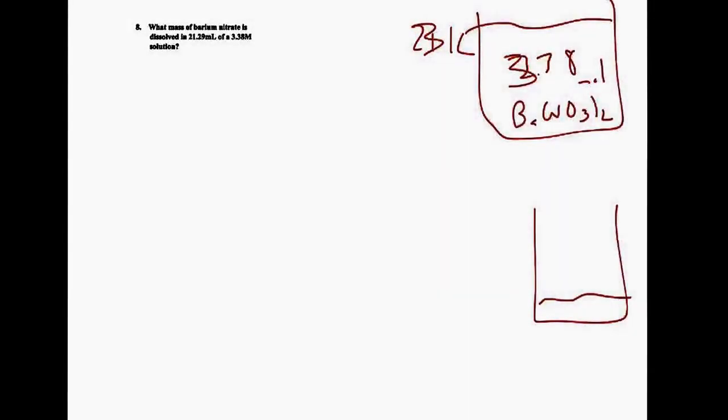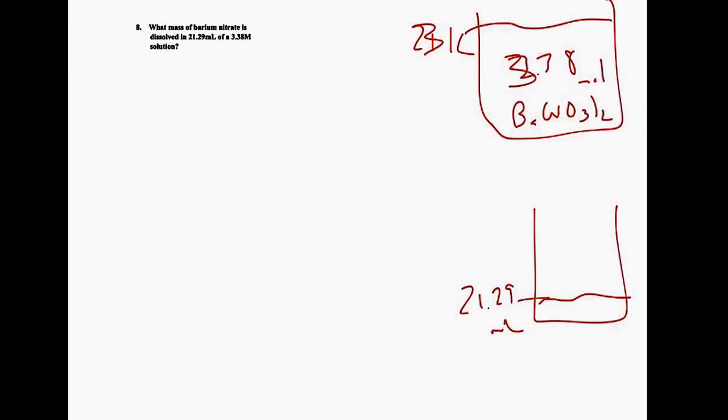So that would mean that if we evaporated off a whole liter of this stuff, we would end up with this many moles of this. Okay, well, we don't have a liter of it. We've got a lot less than a liter. We just got 21.29 milliliters of it. So we've got a fraction of this liter, which means that we have a fraction of the number of moles.